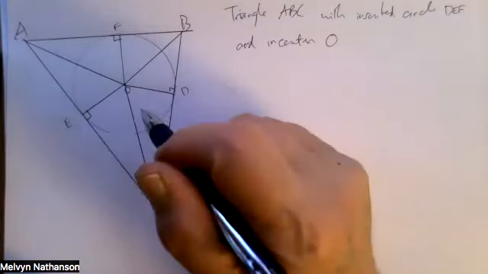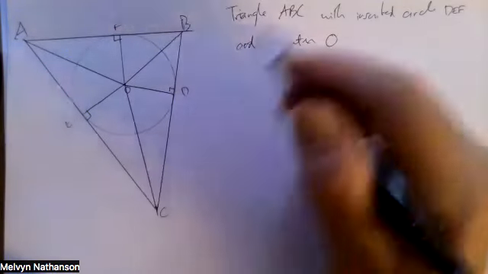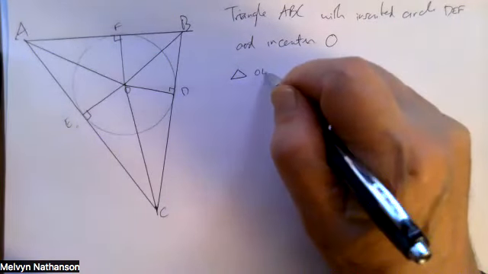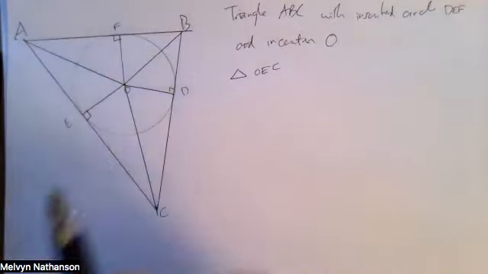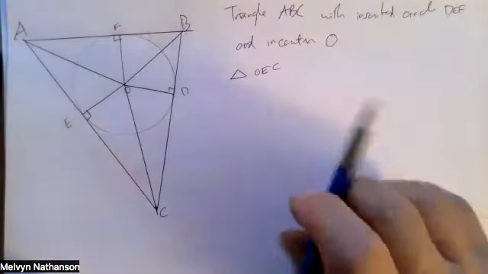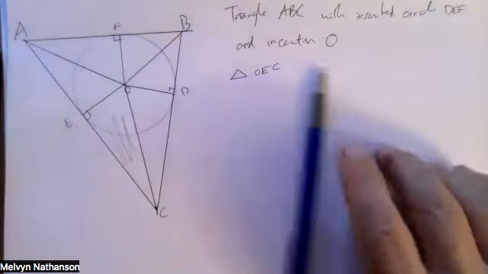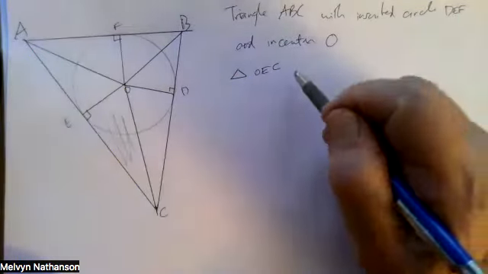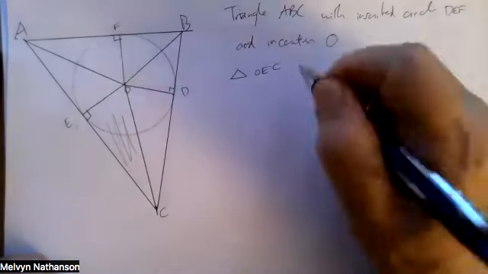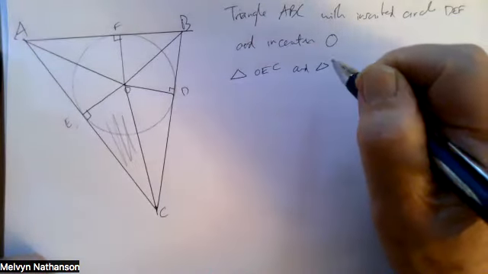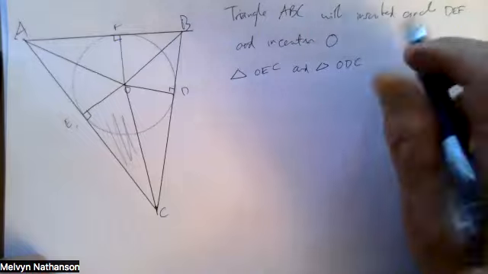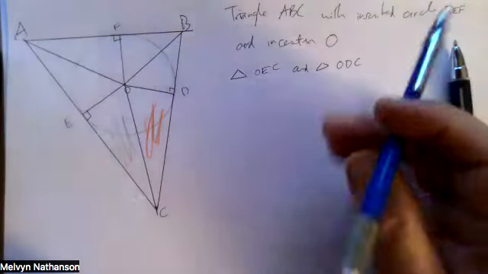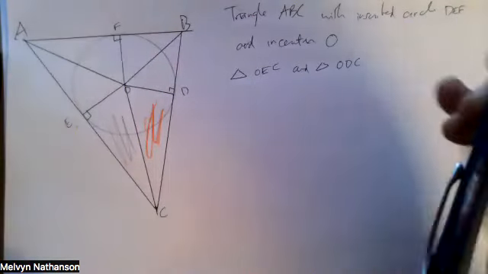Now, if I look, for example, at these two triangles, triangle OEC, that's this triangle, and triangle ODC, that's this triangle. These are right triangles.